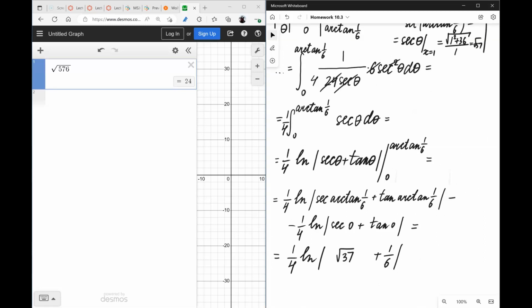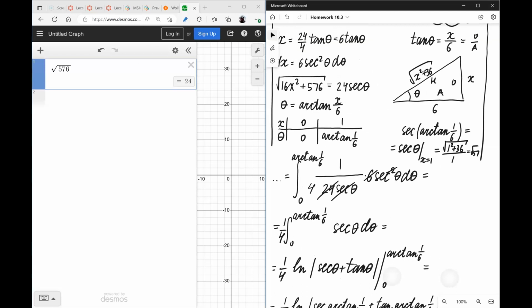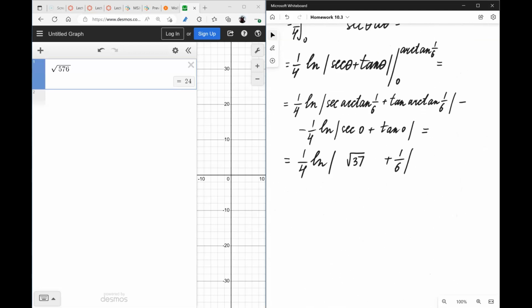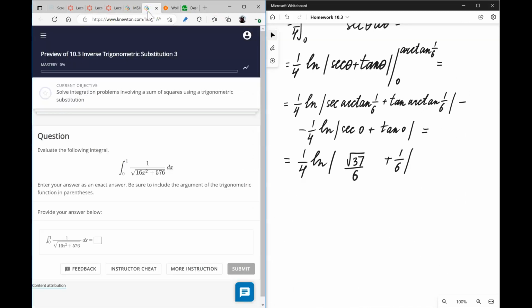And we're dividing by adjacent, so here goes 6. Square root of 37 over 6. That should be the final answer.